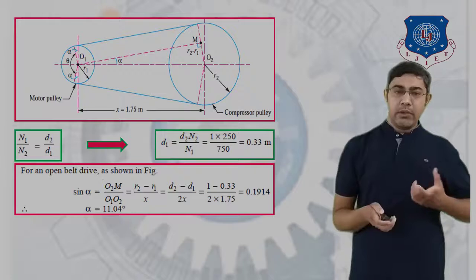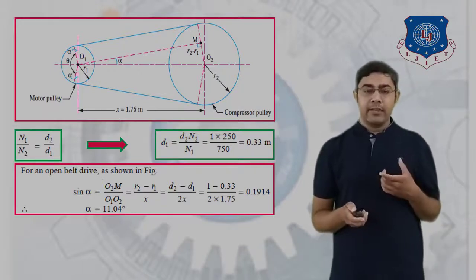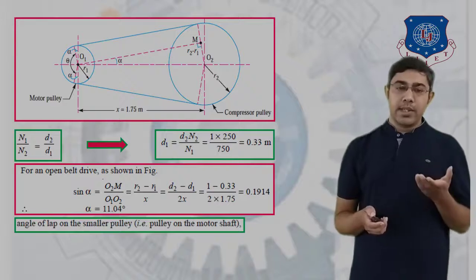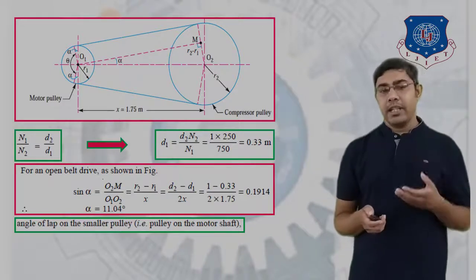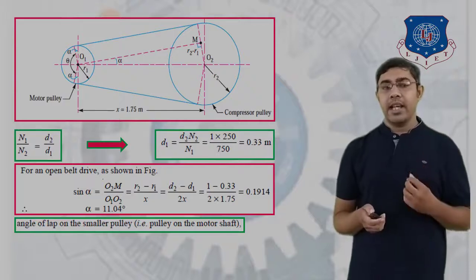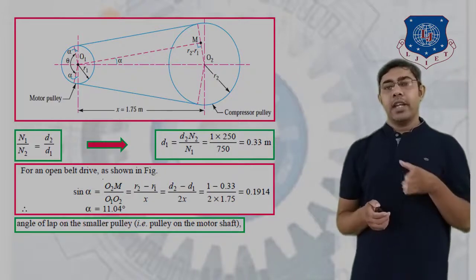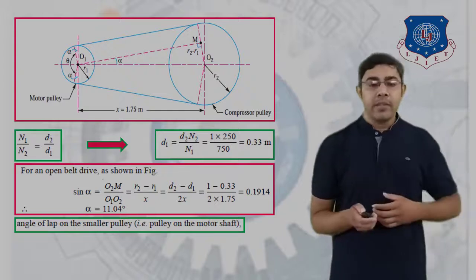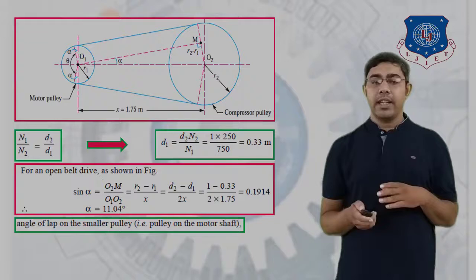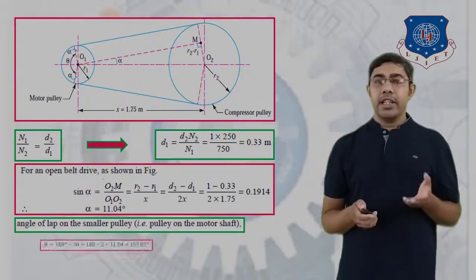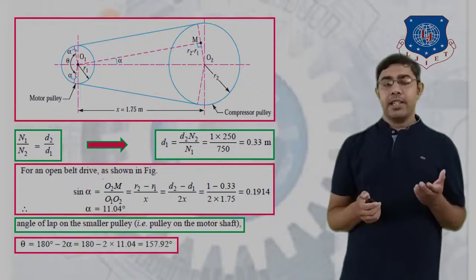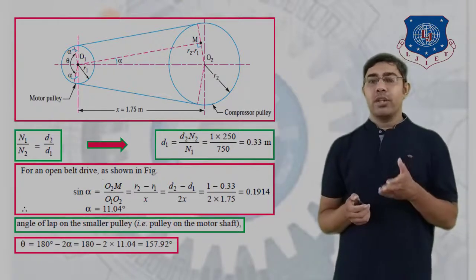So we can now calculate the value of theta. The angle of lap on the smaller pulley, the motor pulley, that is theta, is nothing but 180 minus 2 alpha. Now we have the value of alpha, so theta is 180 degrees minus 2 alpha, placing alpha equal to 11.04 degrees.